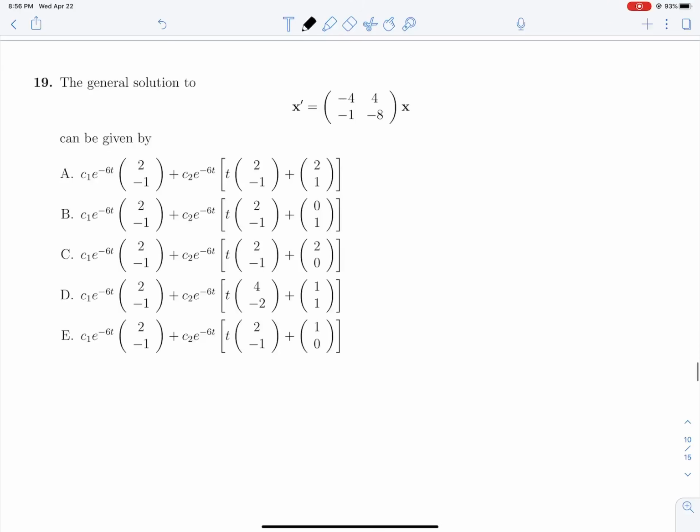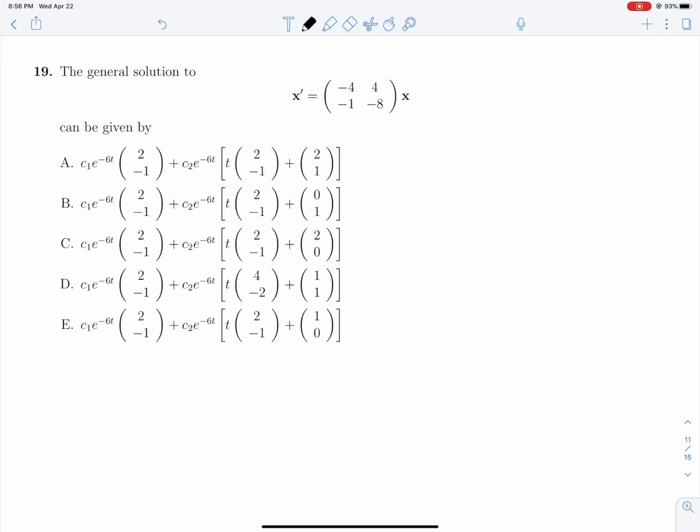19, let's find the general solution to this clearly multiple eigenvalue having matrix right here, because we have t's and then a generalized eigenvector to worry about. So (-4 minus lambda) times (-8 minus lambda) plus 4 is equal to 0. Lambda squared plus 12 lambda plus 36 is equal to 0.